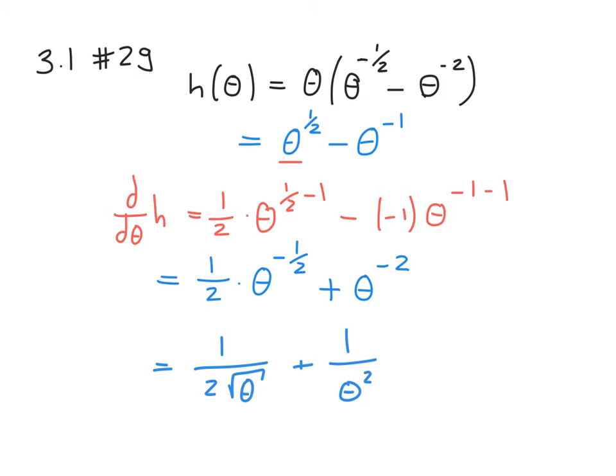And you see something interesting happens with the derivative of the square root: it becomes 1 over 2 times the square root, because this is the derivative of this term here. And this is the derivative of this term here. So that stays like 1 over theta form, the exponent becomes higher, and you change the minus to a plus.